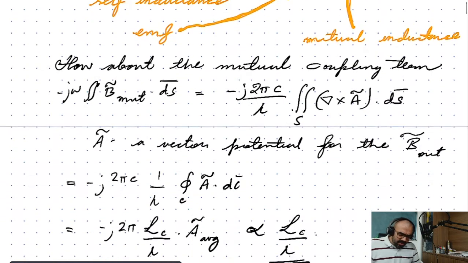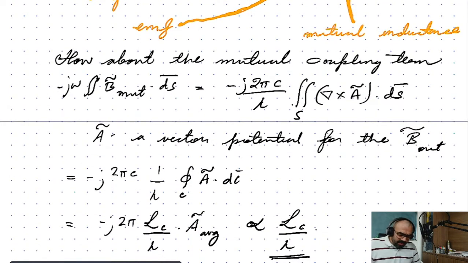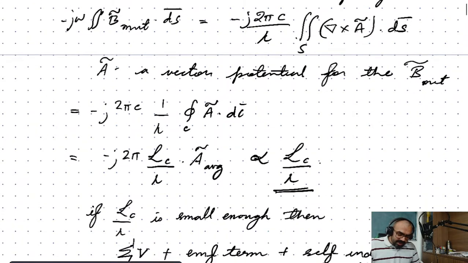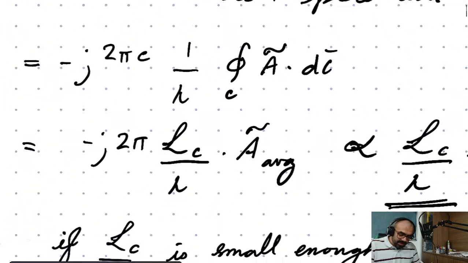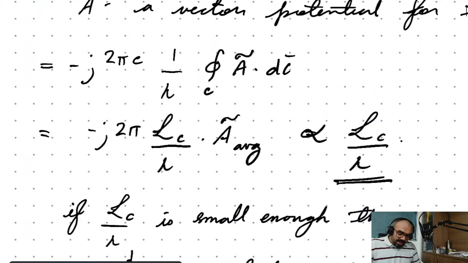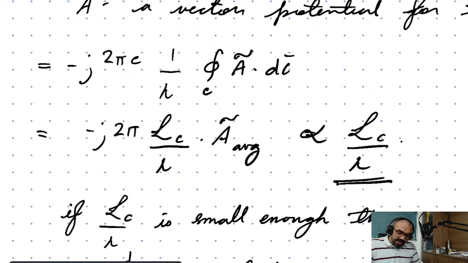And in order to do that, what we do is we express the mutual magnetic field B mut in terms of some vector potential A. And by doing that, we can show that this term is going to be proportional to LC by lambda, where LC is the circumference of the loop and lambda is the wavelength of the signal.